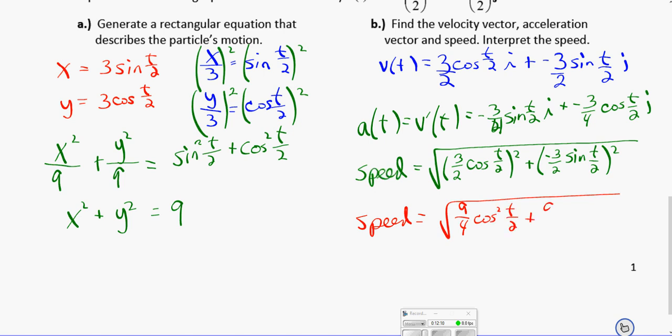Some of you have already leapt to the answer. What's my next step? It equals what? What's my next step?